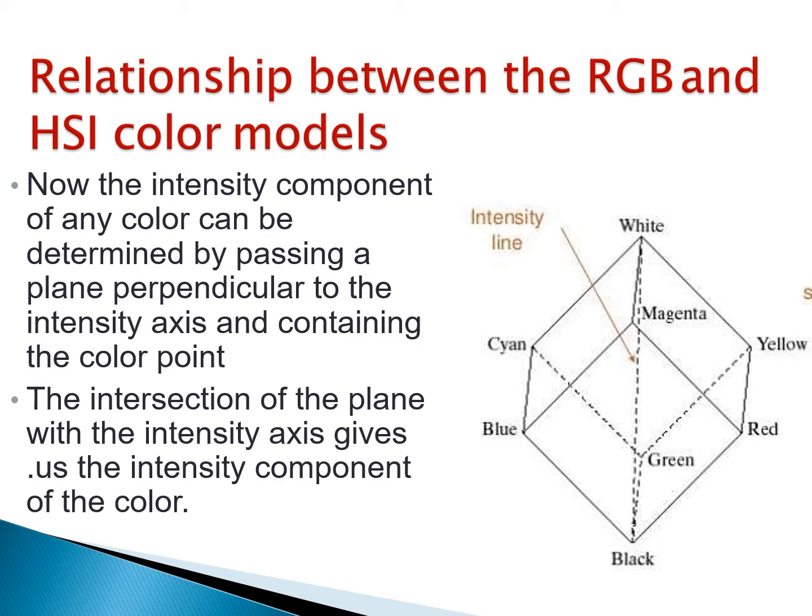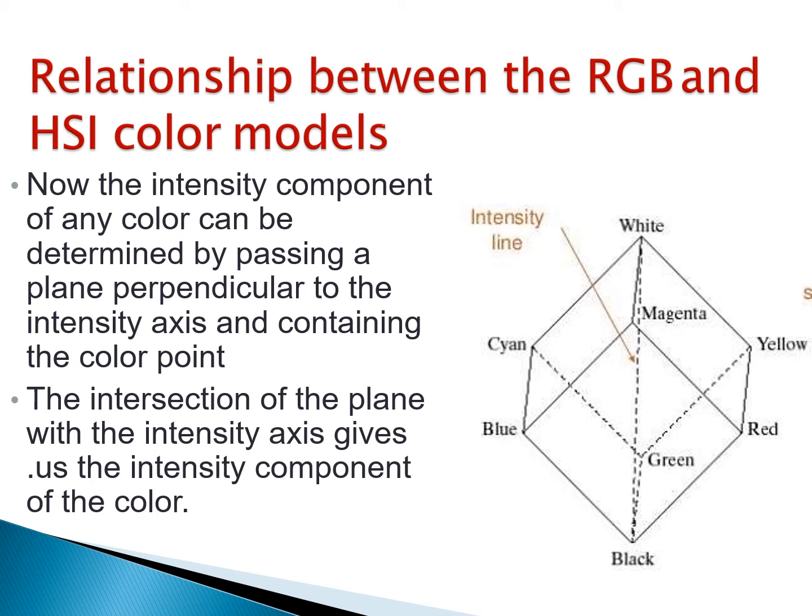We can see that the intensity is along the line joining the two vertices. That means the grayscale is along the line joining the black and the white vertices. In the arrangement shown in this picture, the line, that is the intensity axis, joining the black and the white vertices is vertical.